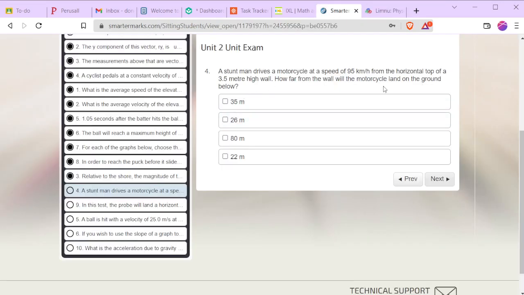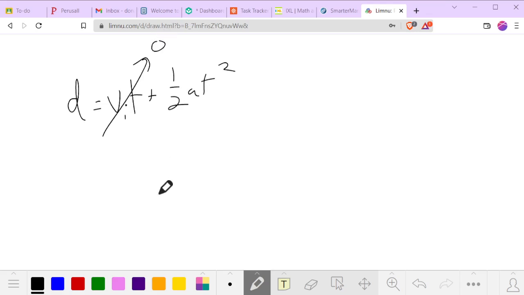So vertically, the initial speed is 0, and it's just dropping 3.5 meters. So our d equals v_i t plus 1/2 a t squared. That term goes to 0. So our time, when we solve for it, is root 2d over a.